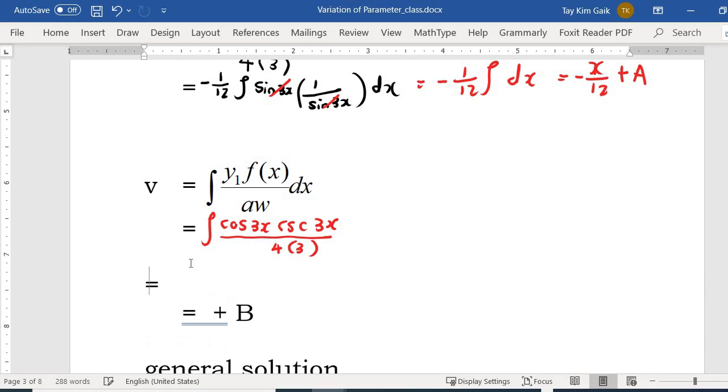So again, you can factor out the constant 1 over 12 here. And then, cos 3x, cosec is 1 over sin, so it's sin 3x dx.